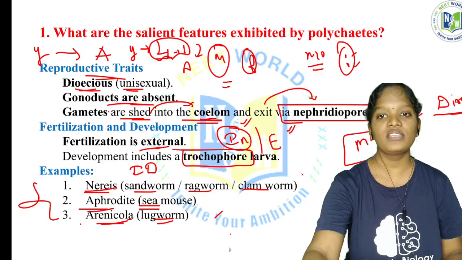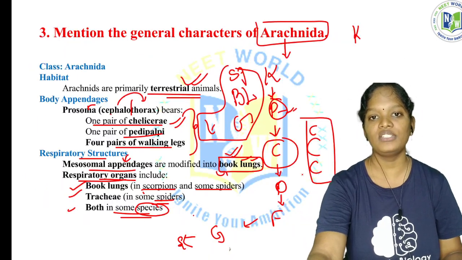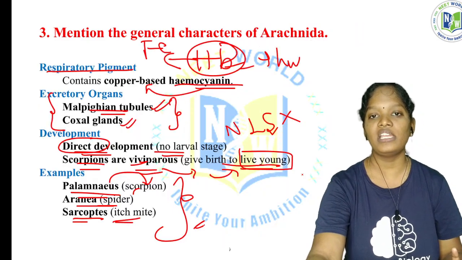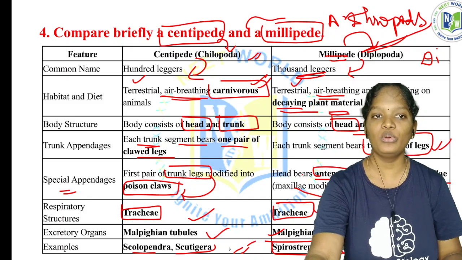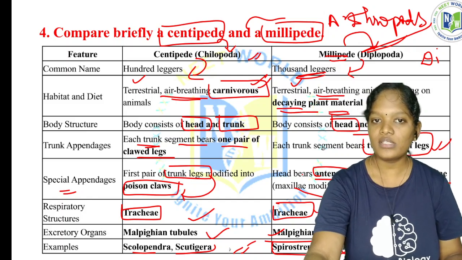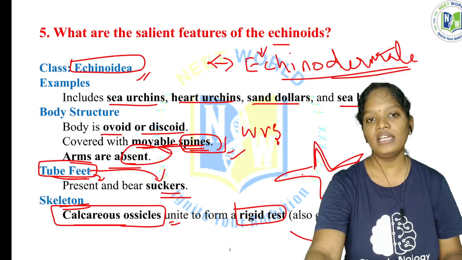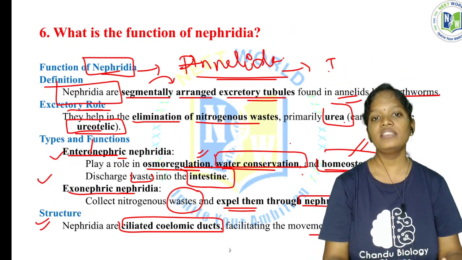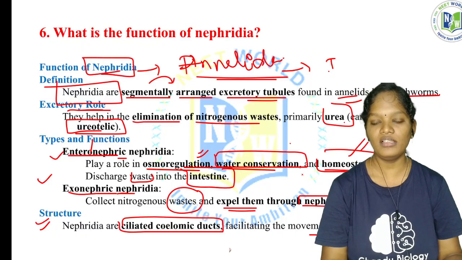We also discussed the unique features of crustaceans and their examples, and arachnids, a class under the phylum Arthropods, and centipede and millipede, which also come under Arthropods. Then echinoids, the class under the phylum Echinodermata, and the nephridium, the excretory structure present under the phylum Annelida. So these are all the important characteristic features.